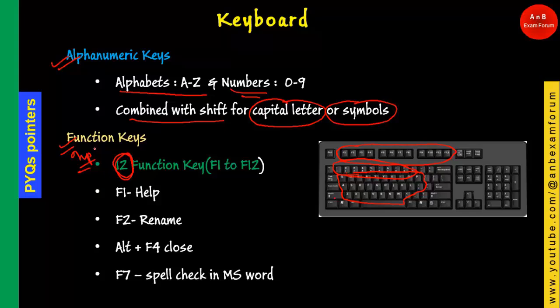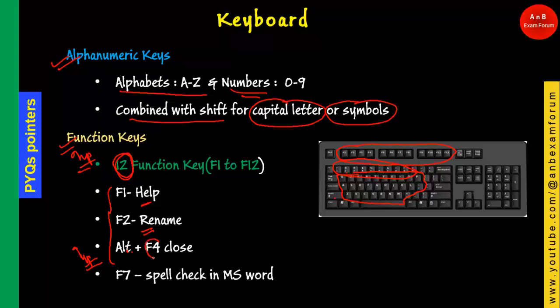Commonly, in most operating systems, you will have these functions. Generally, if you press F1, it is for help, whereas F2 is used for renaming any file or folder. A very common and important one is Alt plus F4. If you want to close some window, it is Alt plus F4.